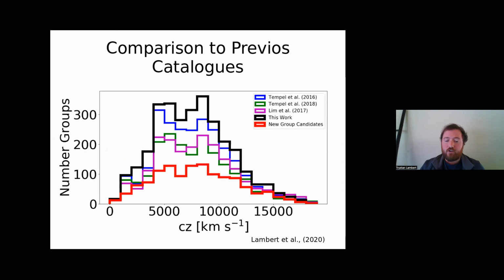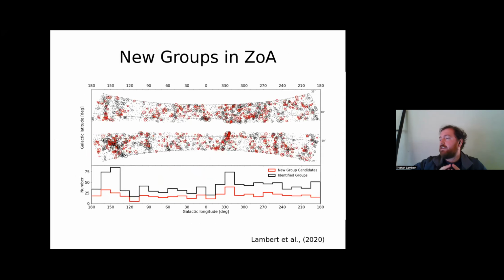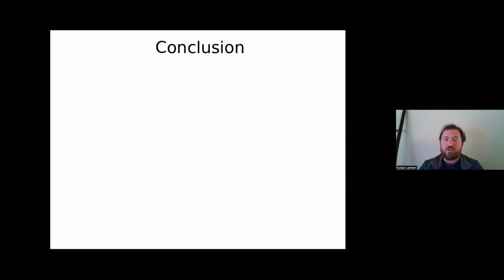And we've found a whole bunch of new groups right near the zone of avoidance. Some of them seem interesting. These are, let's say, new group candidates, because of course follow-up will be necessary to prove. But those are those results, and I'll just come to the conclusions.